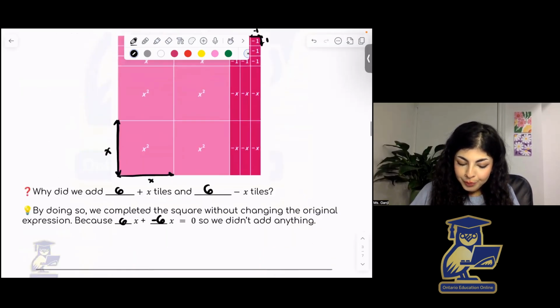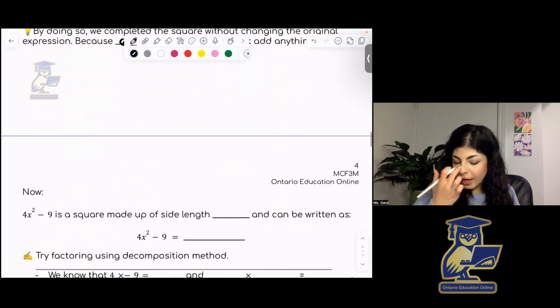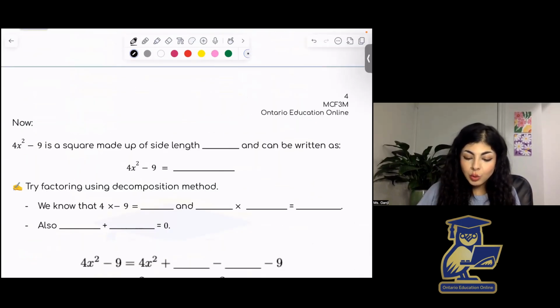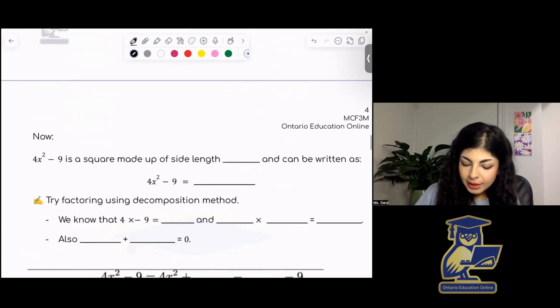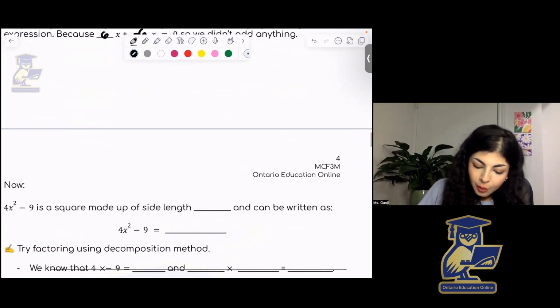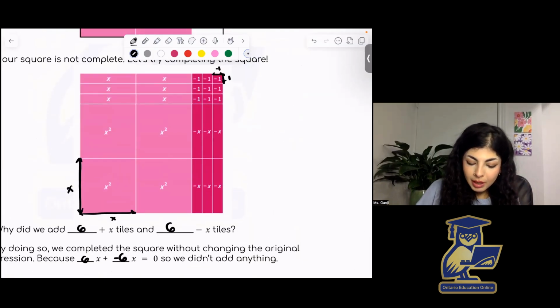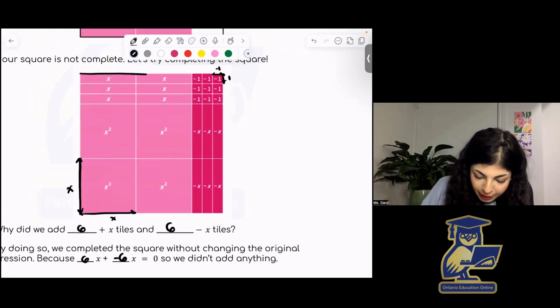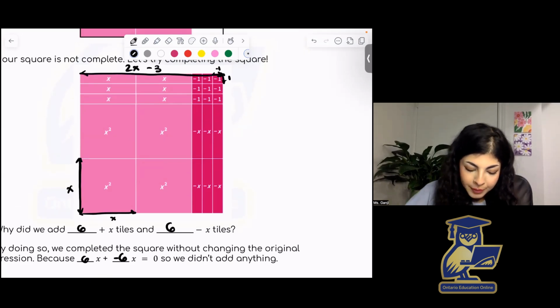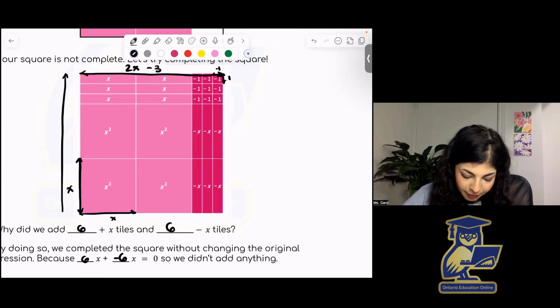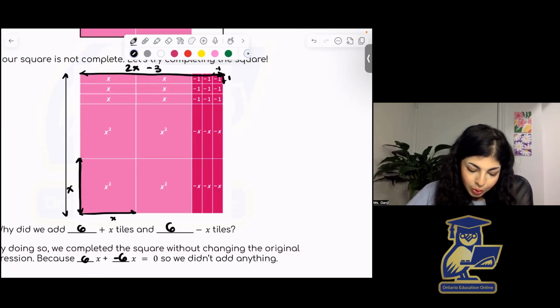So now, 4x squared minus 9 is a square made up of side lengths. If we look here, we have 2x minus 3 over here. This is 2x minus 3. And on this side, we have 2x positive 3.